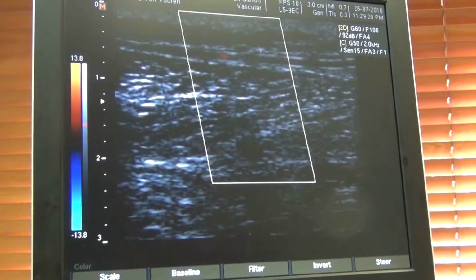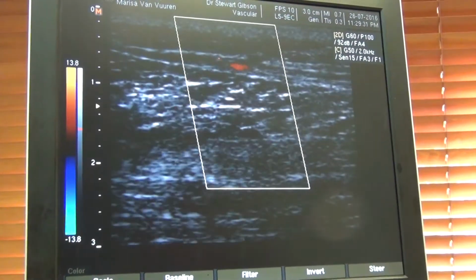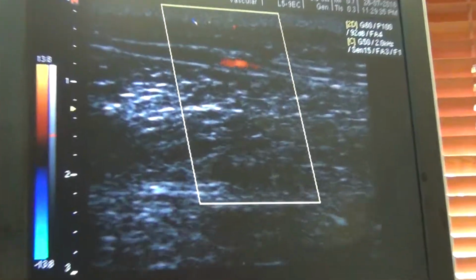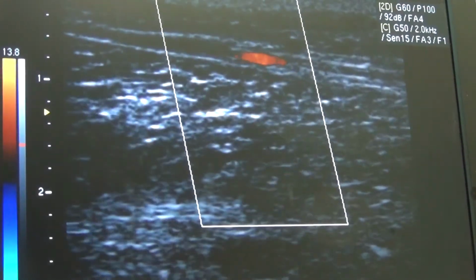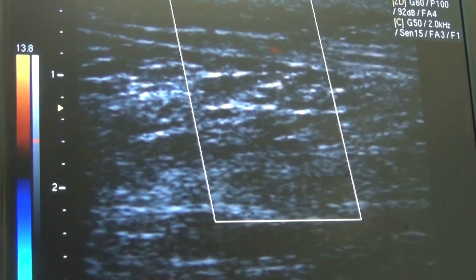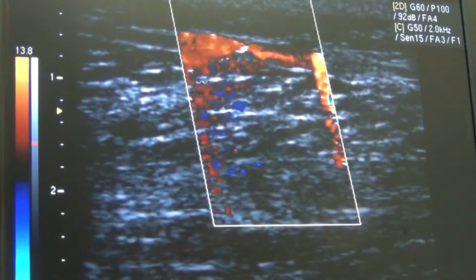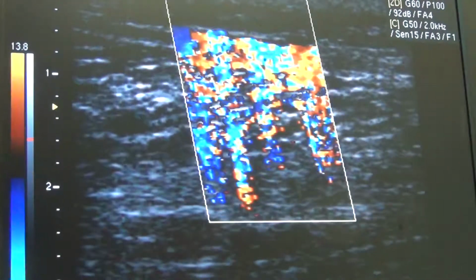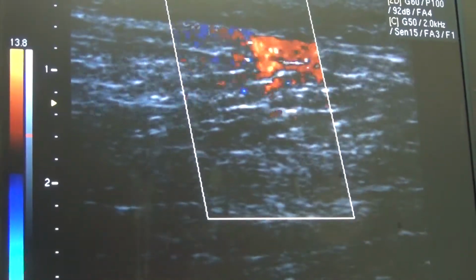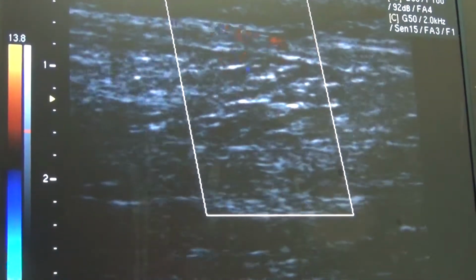Right, we've put the patient in Trendelenburg, and in spite of that, with the gravitationally assisted venous return, we still have a very high flow rate in the great saphenous vein. We're going to introduce, as you see now, ultrasound guided foam sclerotherapy directly into the offending area.